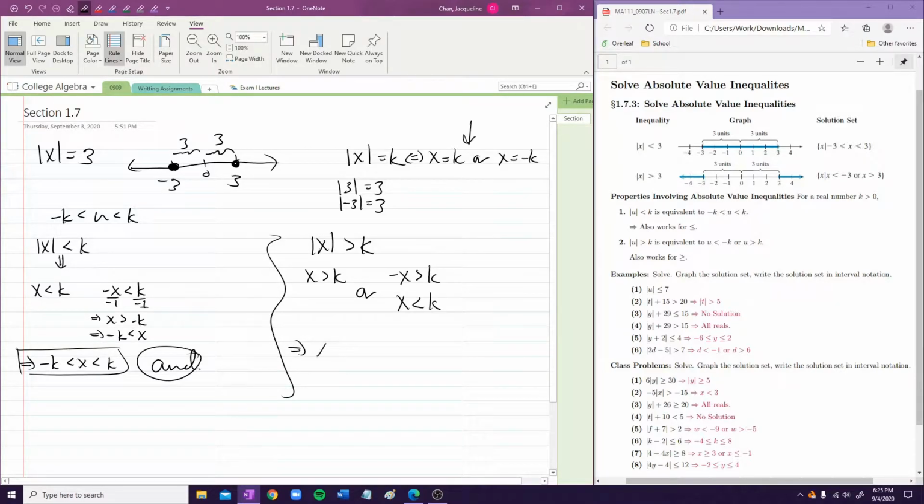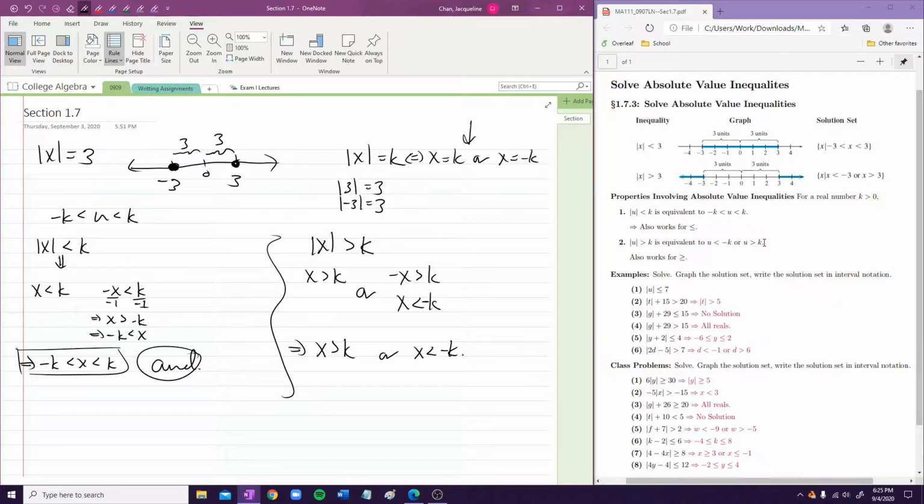So when you see greater than, it's x greater than k, or x is less than -k. Over here it says u is less than -k or u is greater than k. It doesn't matter what you put as long as it makes logical sense. Again, this also works for greater than or equal to.